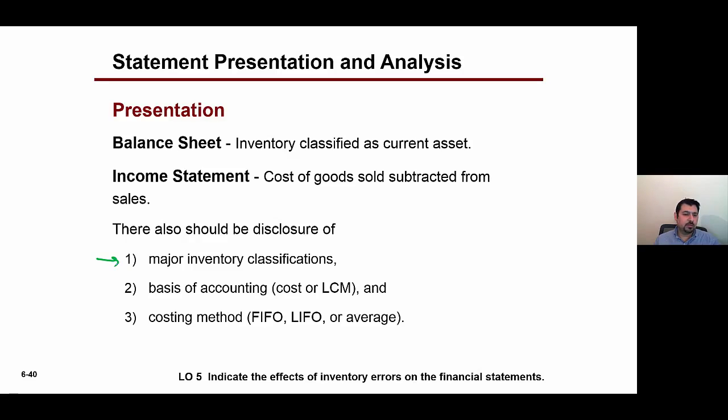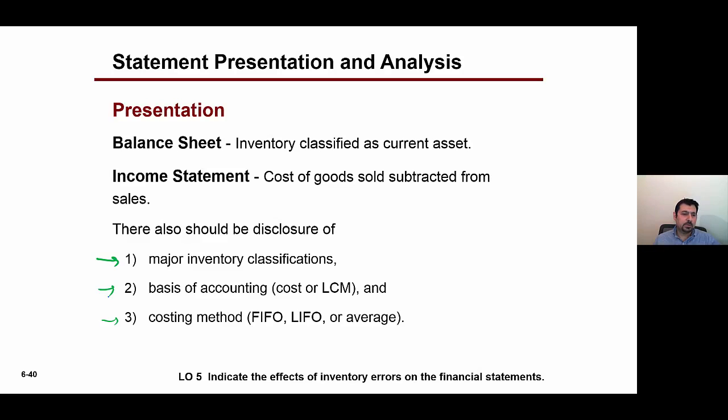Of course, they also disclose what cost flow method, what costing method they are using, whether it is FIFO, LIFO, average cost, etc. They also need to disclose whether they use LCM or cost.